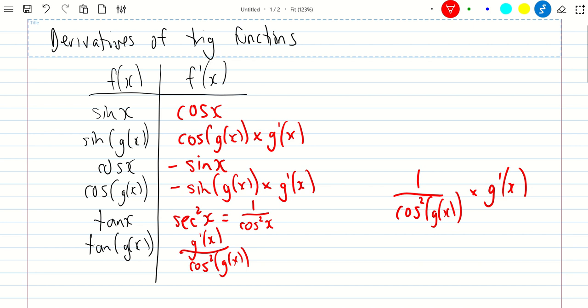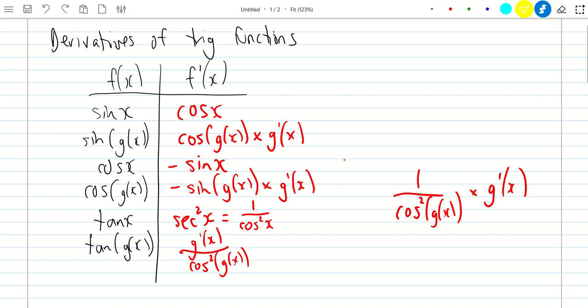We'll have a better look at what's going on in the example, but they're sort of the ones you need to remember. Just a note before you go on, what's happening here is what's called the chain rule.